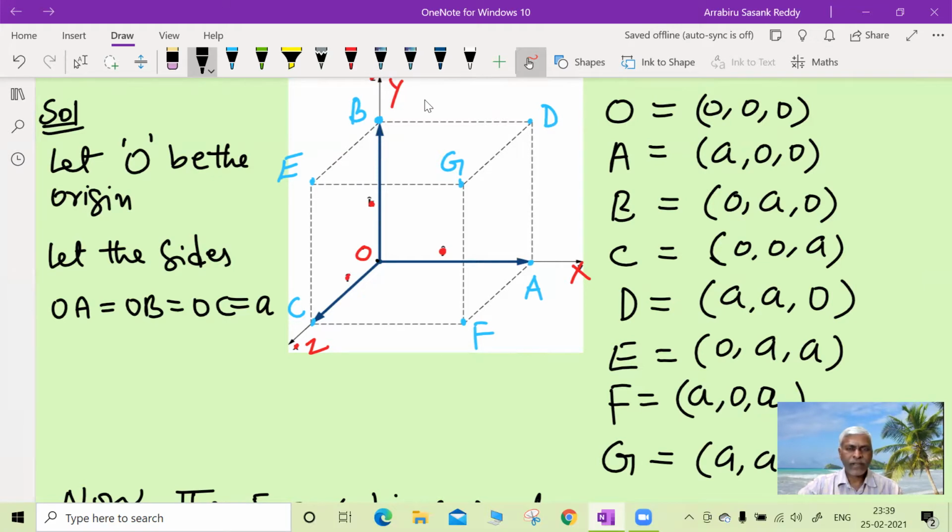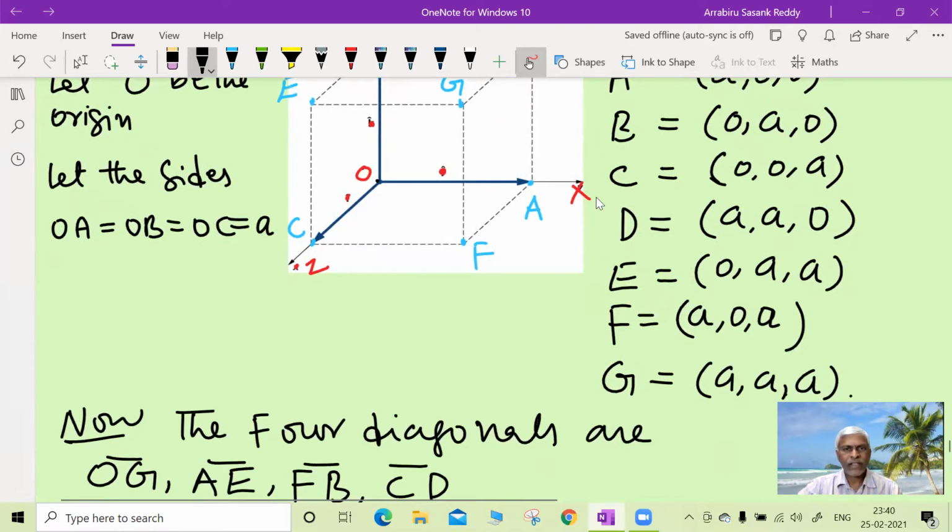D on the xy plane has xy coordinates a, a and z coordinate 0. E on the yz plane has yz coordinates a and x coordinate 0. And F on the xz plane has coordinates a, a and y coordinate 0.